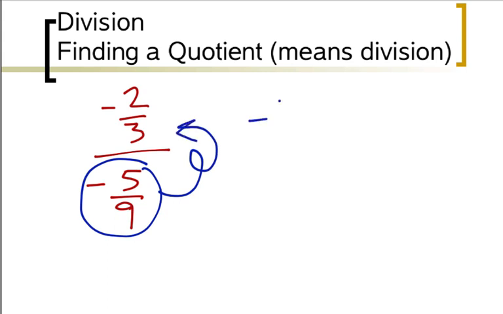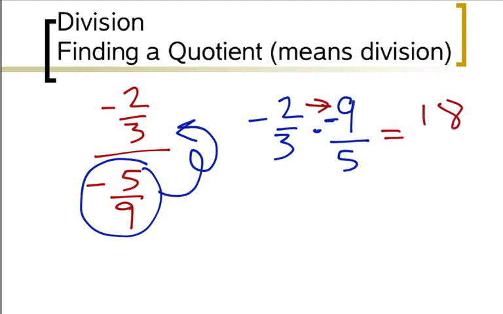So I rewrite it to be negative 2/3 times the flipped fraction, the reciprocal, 9 over 5, still negative. And now that I've flipped it over and made it a fraction times a fraction, you multiply straight across. Negative 2 times negative 9 is positive 18, and 3 times 5 is 15. So the answer here is, oops, sorry, not 18, 15. The answer here is 18 over 15.